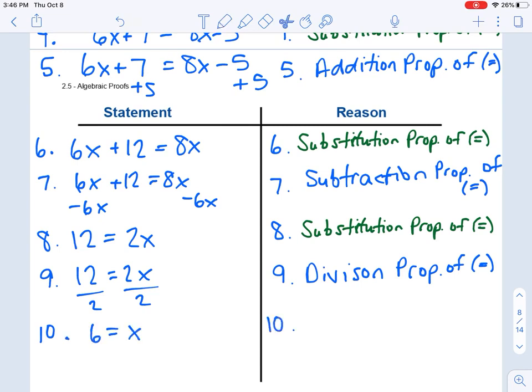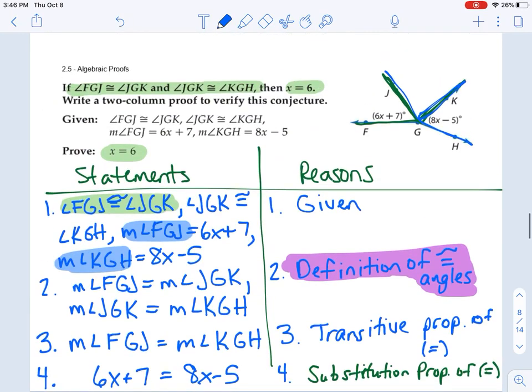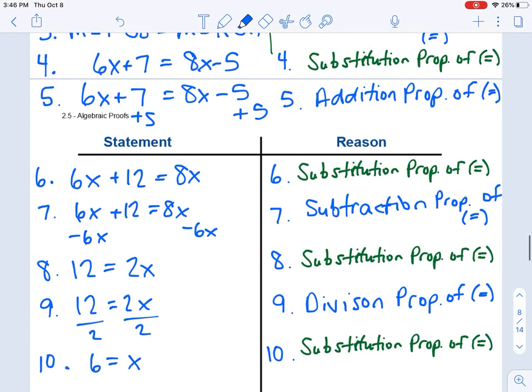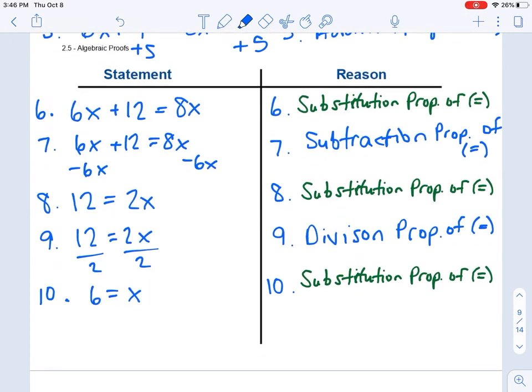And this is by our substitution property of equality. But we're not quite done. There is a distinction I want to make. It asks us to find x equals 6, and we found 6 equals x. You're probably like, so what? It's the same thing. Well, in proofs we got to be very particular, so we technically would need one more step that says x equals 6. And that would be our symmetric property of equality. That is an example of when we would use that property.